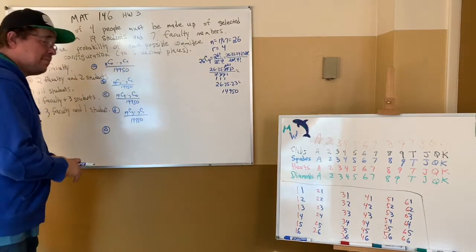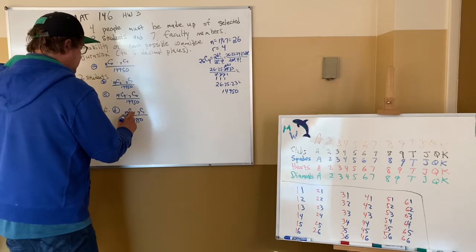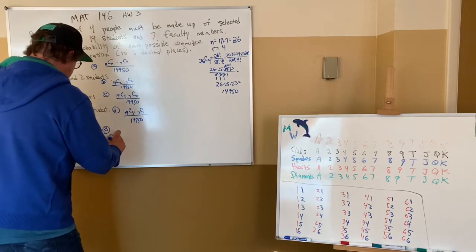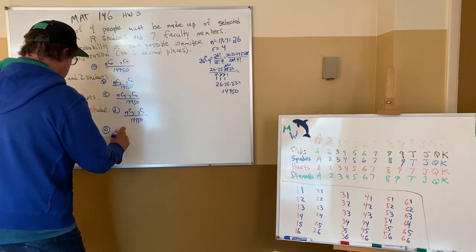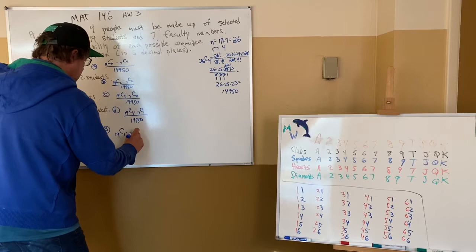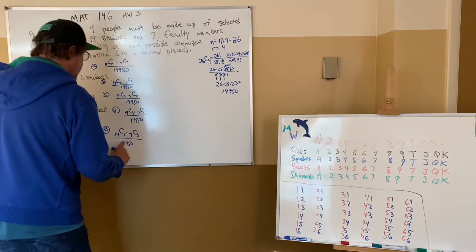On the bottom, we have the people definition of a committee, which is the same every time because we're always drawing 26 people, giving us 4 of them to be on the committee. So we have 19, where we're going to choose just 1 student, and we have 7, where we're going to choose 3 faculty. That's over 14,950.